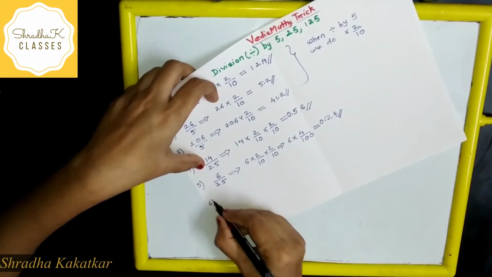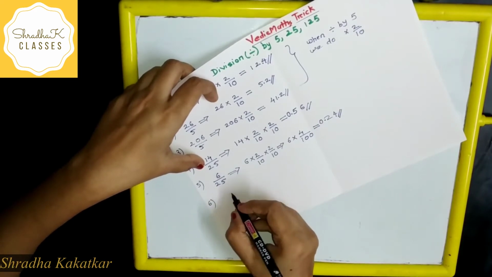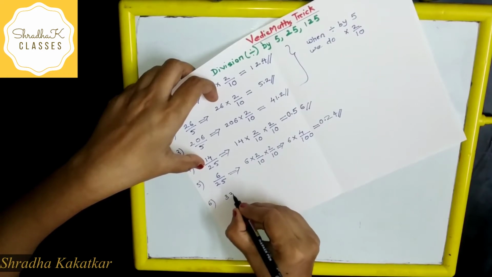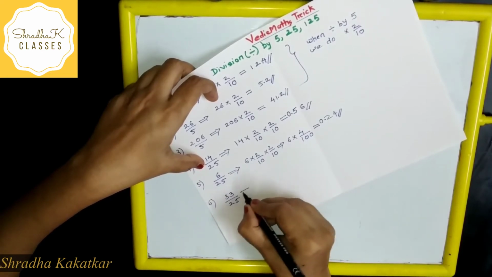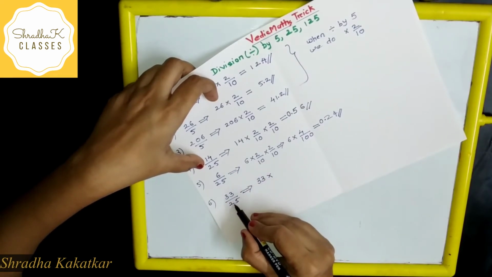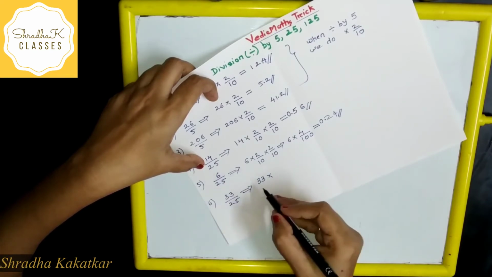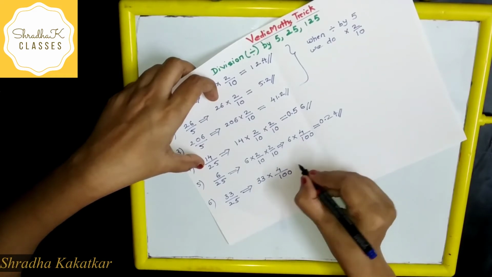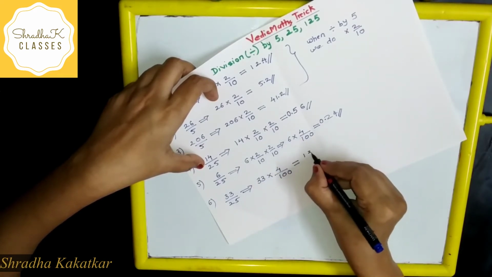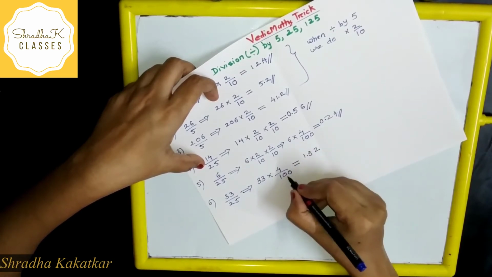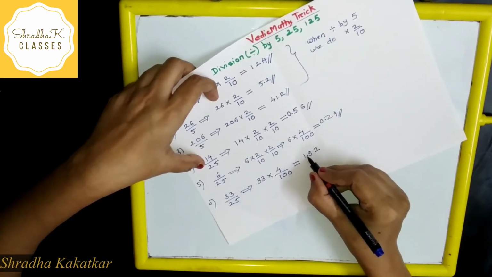Next, let's take one more example. Let's do 33 by 25. Rather than writing 2 by 10 twice, I will do 4 by 100. So that is 132. Now 100 is there, so leave 2 digits and give a decimal point.